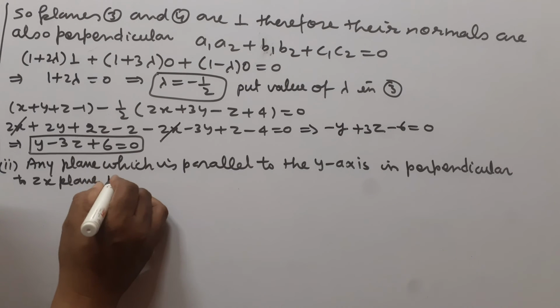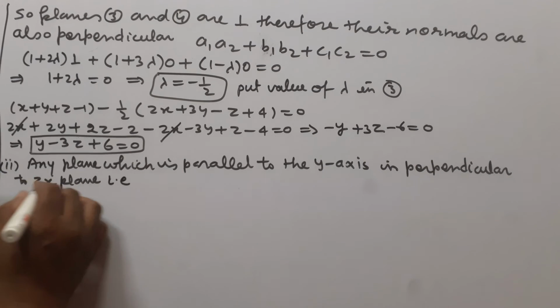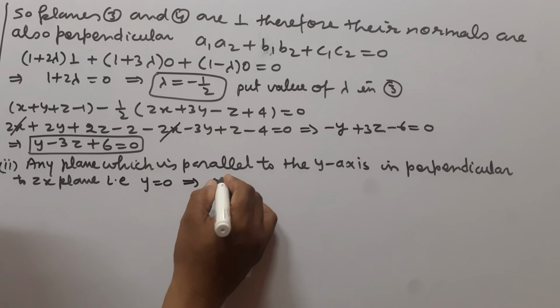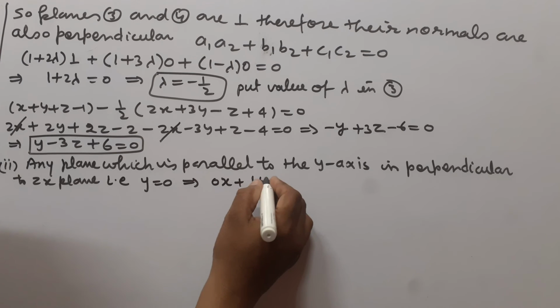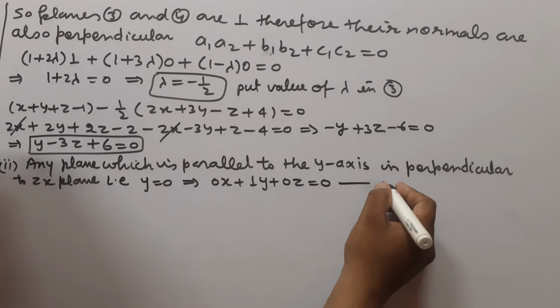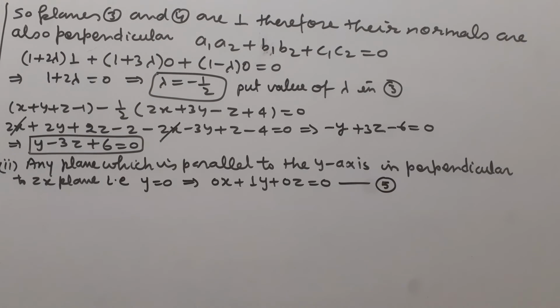That is, the equation of zx plane is y equal to 0, and this can be written as 0 multiplied by x plus 1 multiplied by y plus 0 multiplied by z equal to 0. Suppose this is equation number 5.